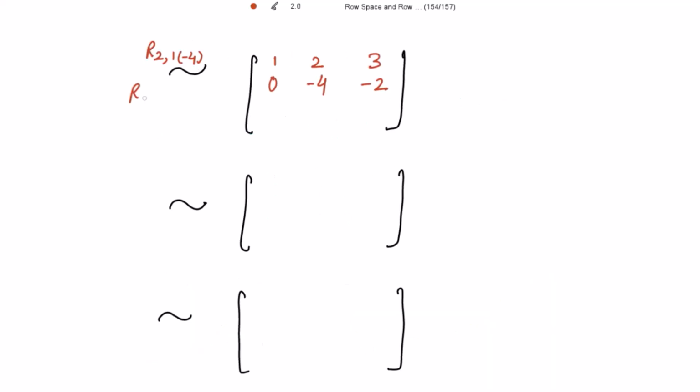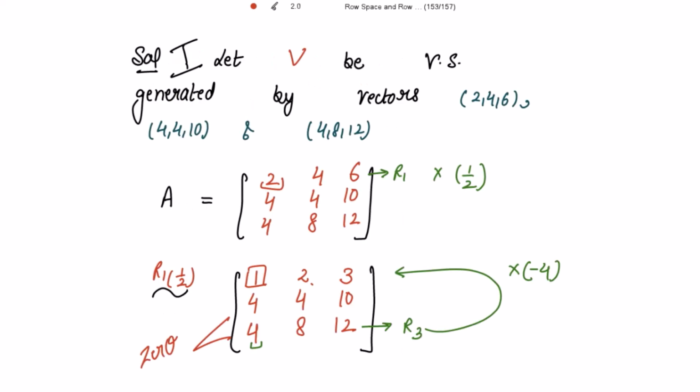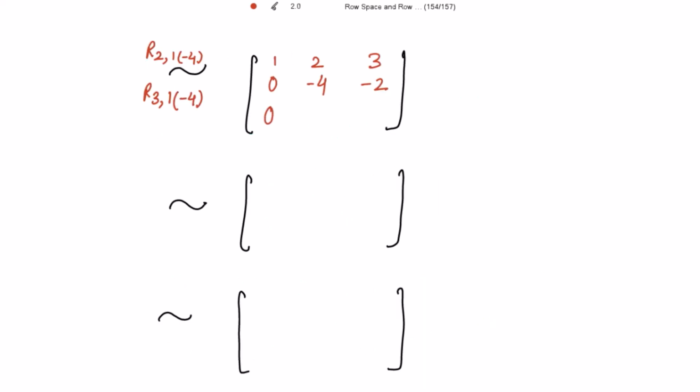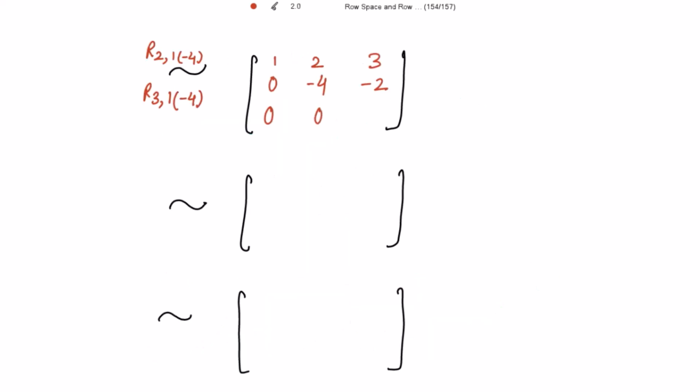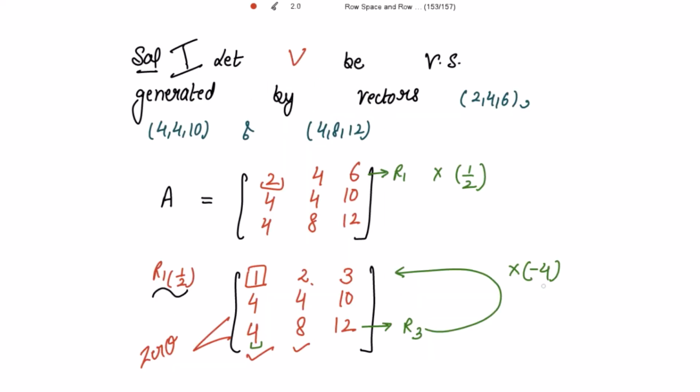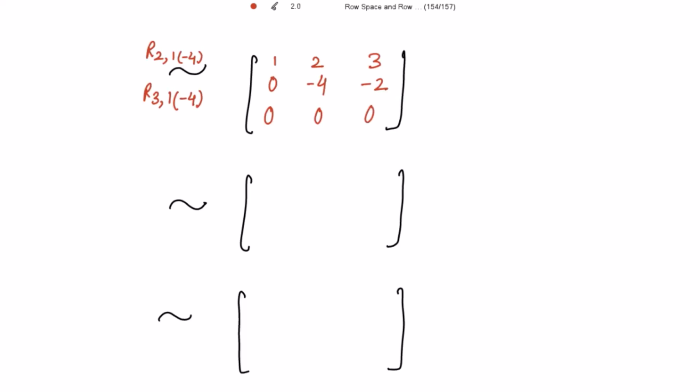Writing the row operation for the third row. 1 is multiplied with minus 4, we get minus 4, and adding this to 4 we get 0. 2 is multiplied with minus 4, we get minus 8, and adding this to 8 we get 0. 3 is multiplied with minus 4, we get minus 12, and adding this to 12 we get 0. So this becomes our leading entry, right?